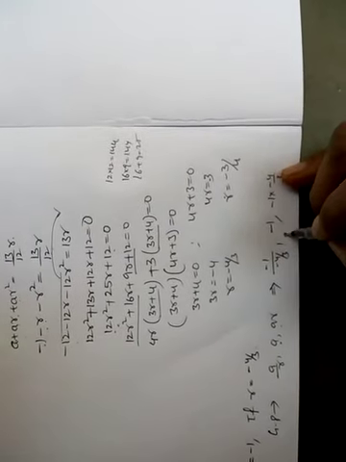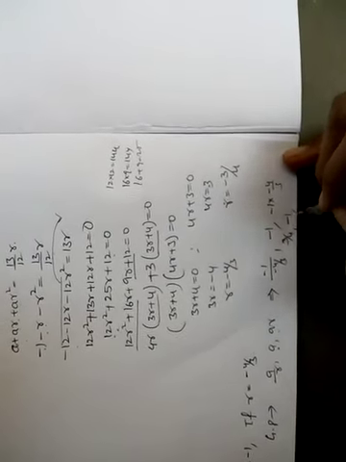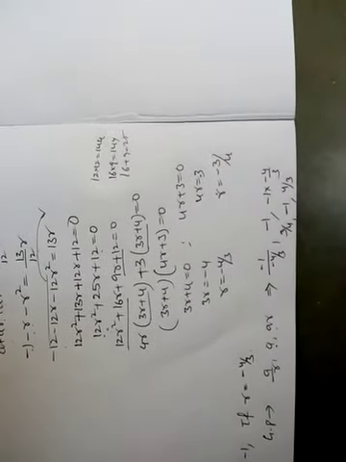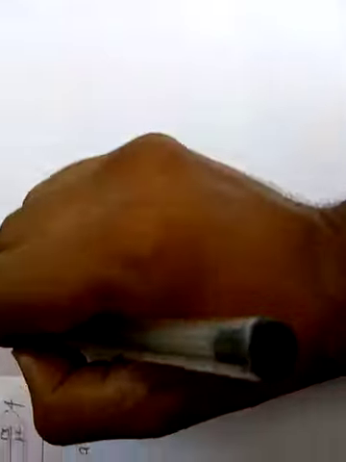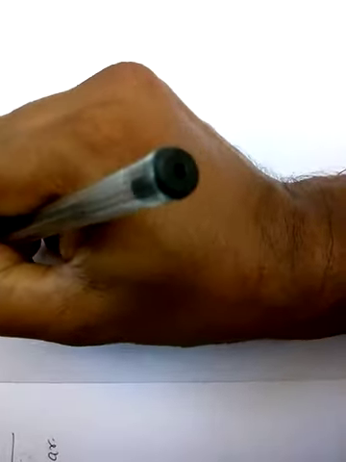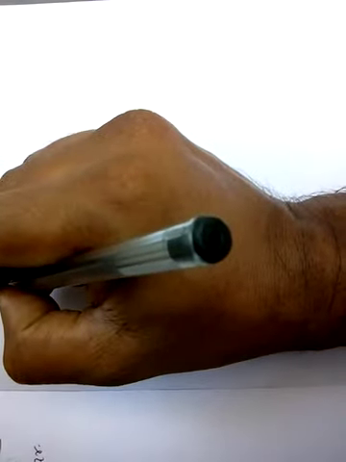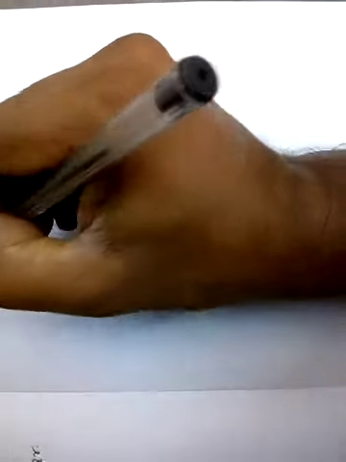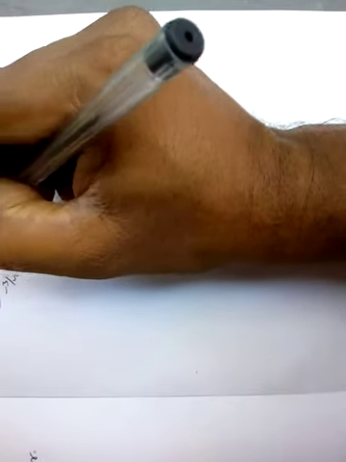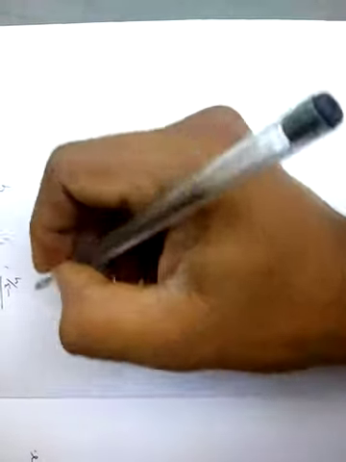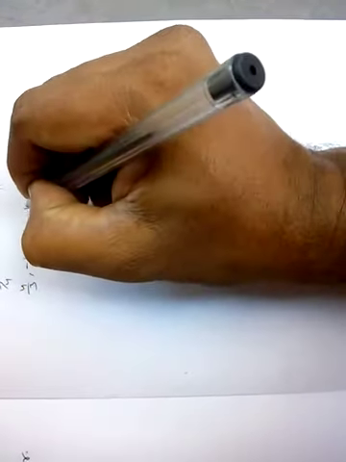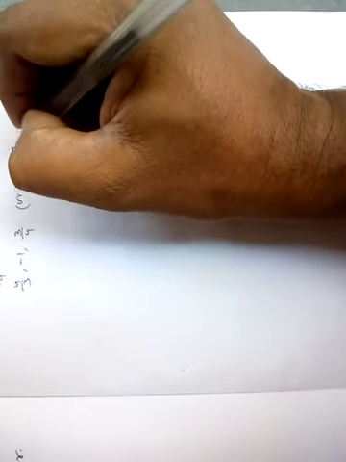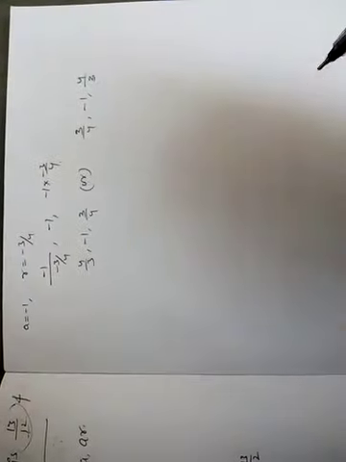So the result is 3/4, -1, 4/3. Or if you take r is equal to -3/4, a is equal to -1, so a/r, a, ar: 4/3, -1, 3/4, or 3/4, -1, 4/3.